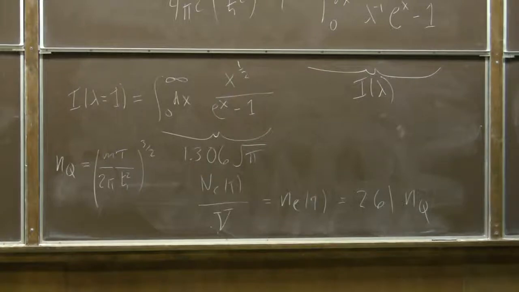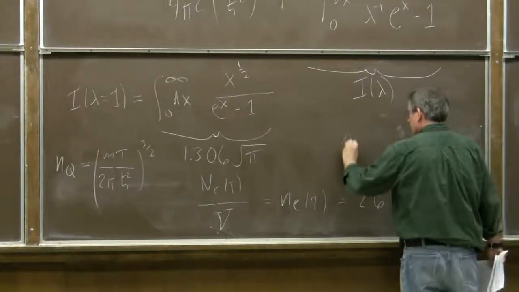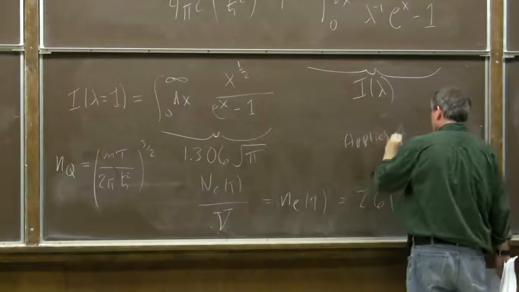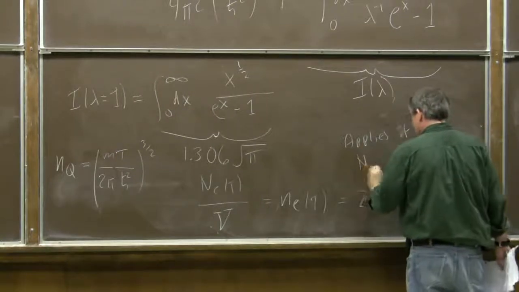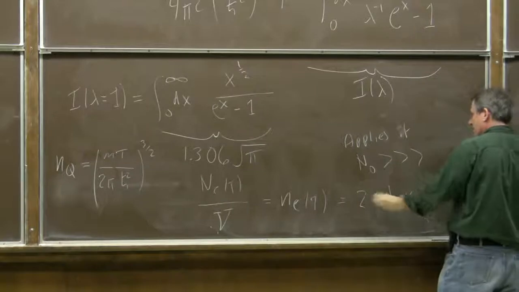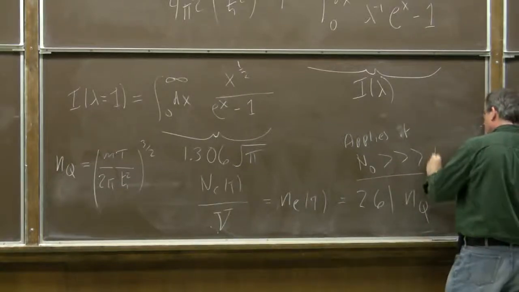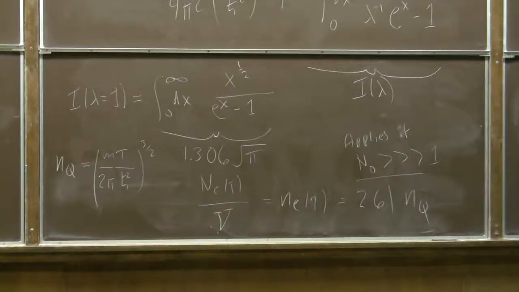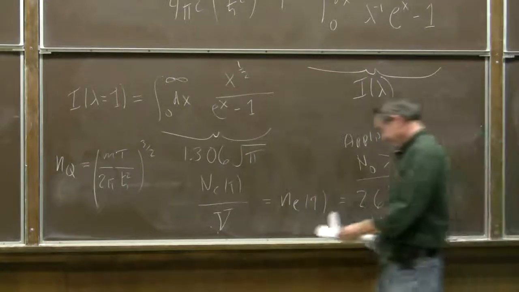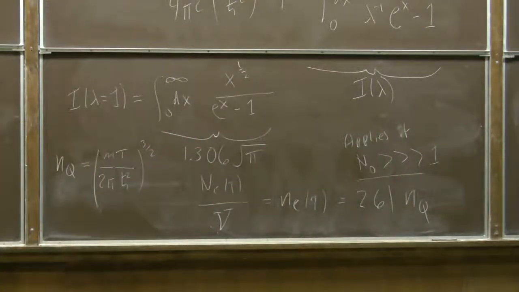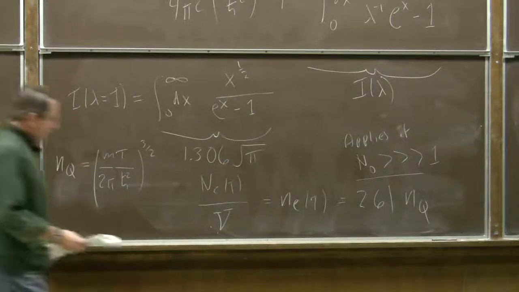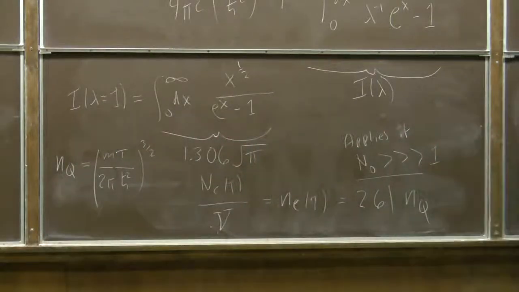And that formula is correct if the number in the ground orbital is a very large number. And the number in the ground orbital is a very large number if the concentration in excited orbitals divided by the total concentration is less than 1.